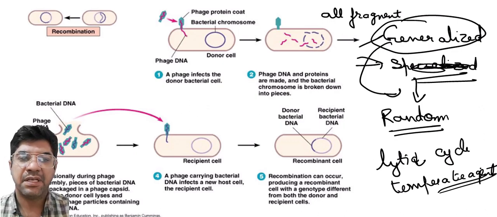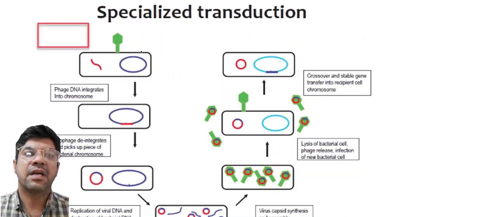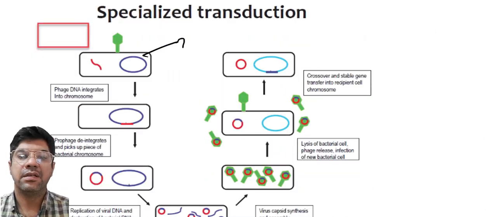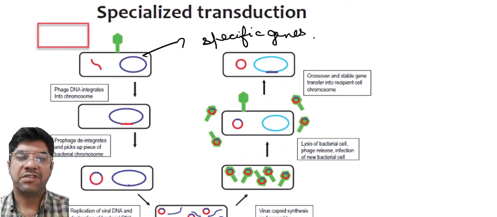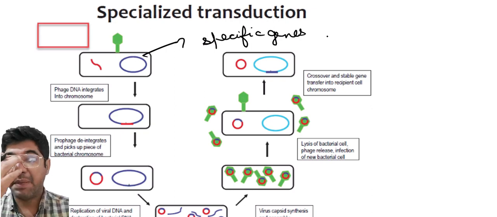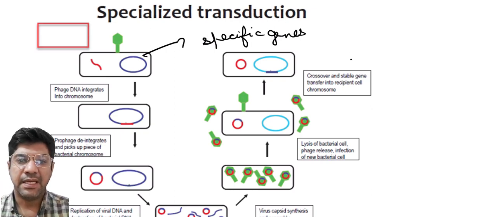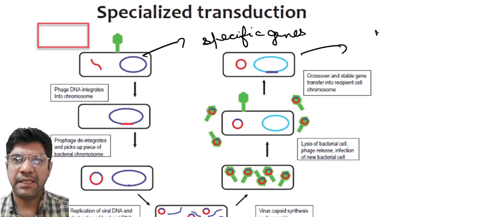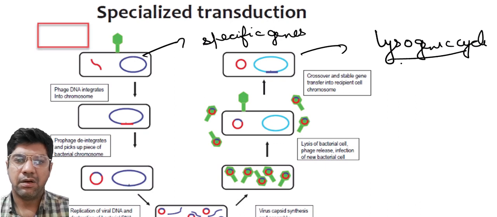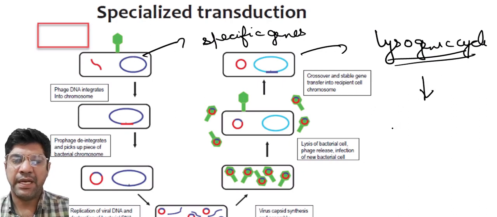Whereas in specialized transduction, only specific genes or a specific region of bacterial DNA can be packed into the phage capsid. This process occurs during the lysogenic cycle of the temperate phage, when the phage integrates its genome into the bacterial chromosome.